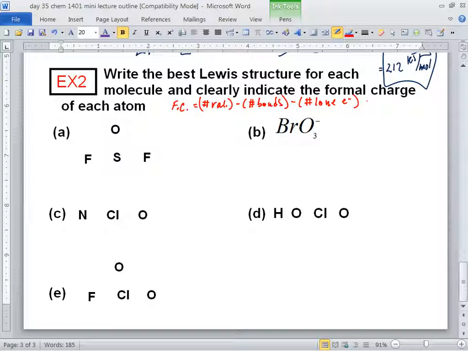Because otherwise you could be at this all day. So start with figuring out the number of valence, and as long as you have the right number of valence, now just do formal charge and everything.